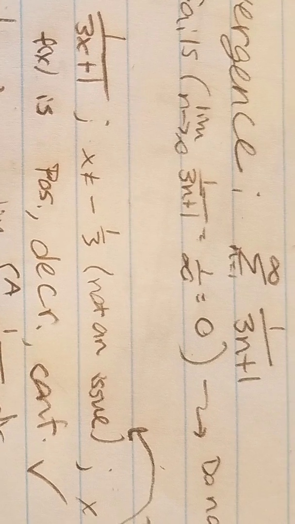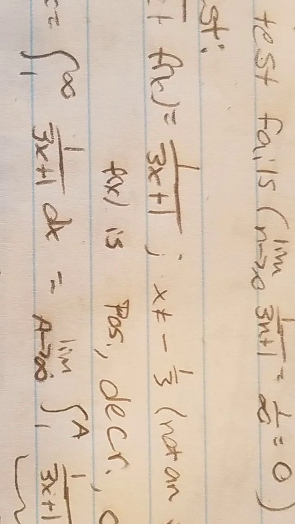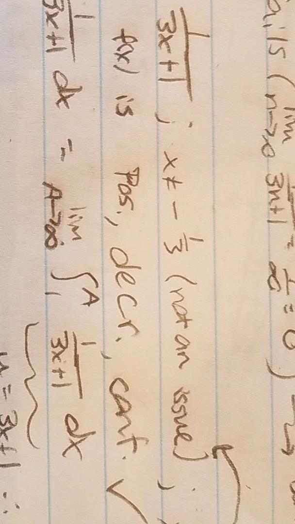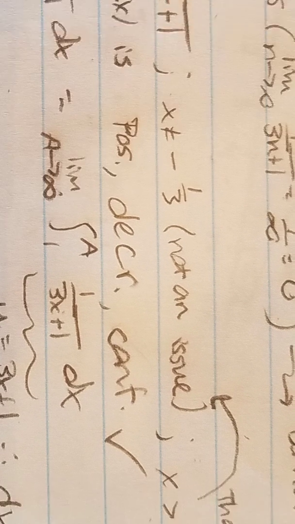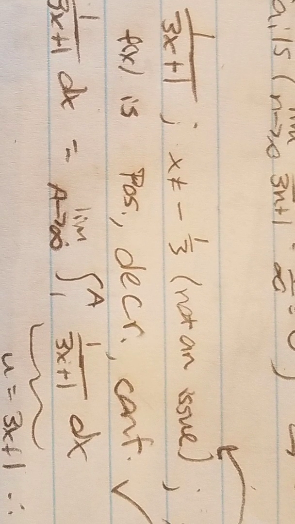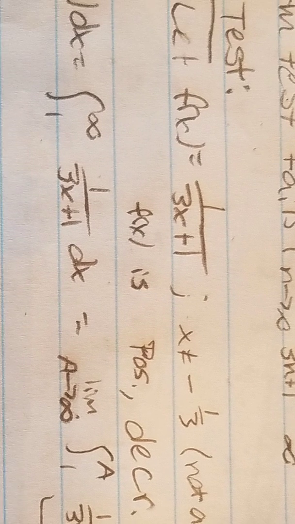Yeah, it's decreasing. It's continuous. We proved that right here. The only place where it's not is negative 1/3, and that's not on the interval. You always have to prove those things. On this problem, it's pretty easy. On some other problems, it can be a little more of a challenge. But always keep that in mind. You have to prove that it's positive, decreasing, and continuous to use the integral test. Otherwise, the integral test will not work.